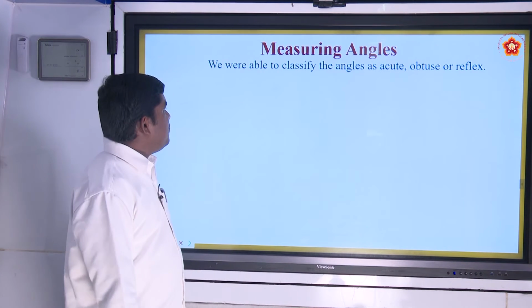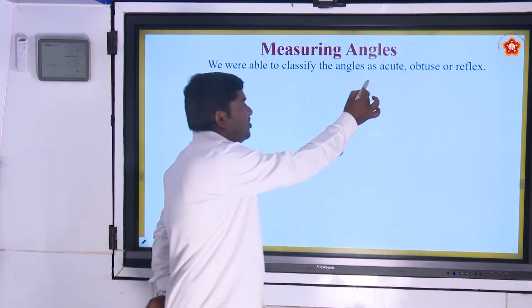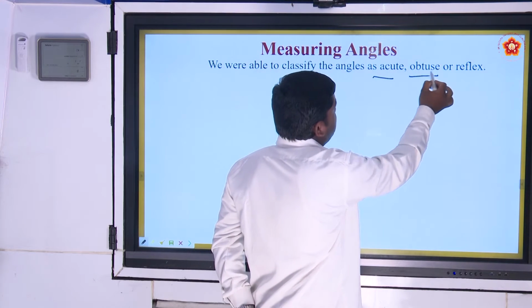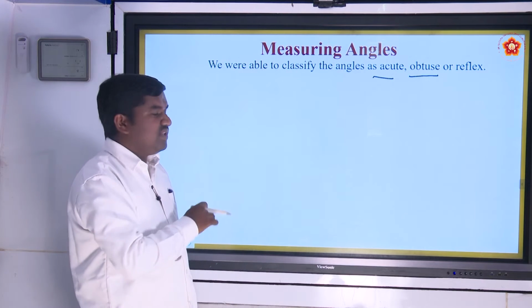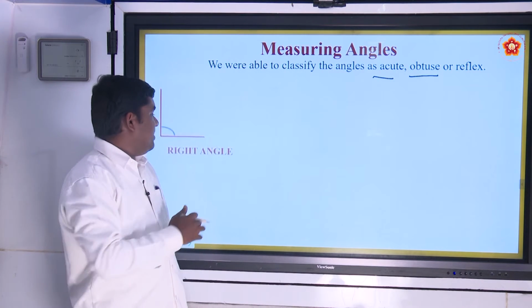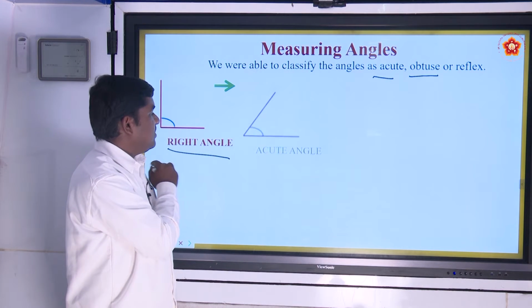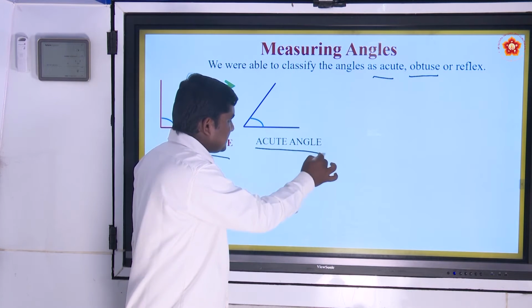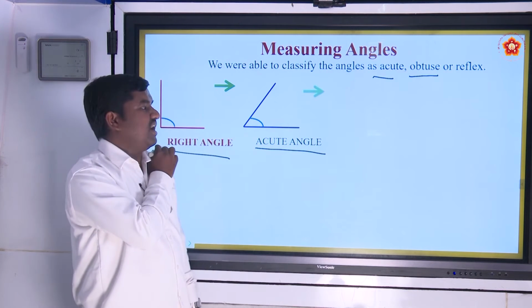Now we are able to classify the angles as acute angle, obtuse angle and reflex angle with the basis of straight angle and right angle. So we know the right angle. The angle which is less than the right angle is called an acute angle.